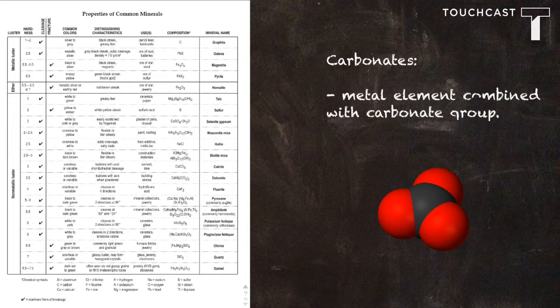The next mineral group is called the carbonates. The carbonates are a group that has a metal element from the periodic table combined with what we call a carbonate ion. Carbonate ion is written like this: CO3.